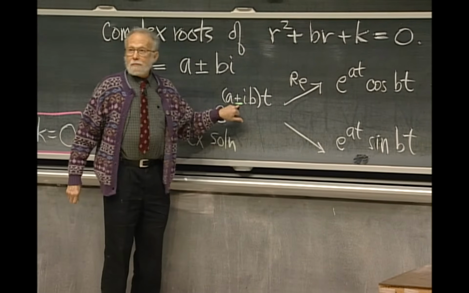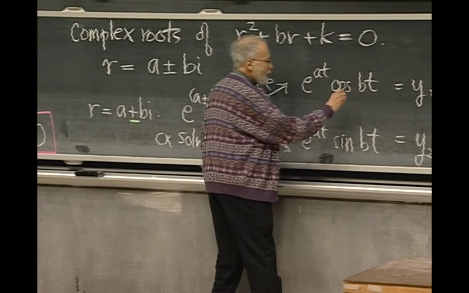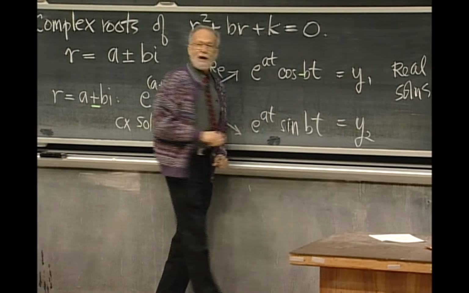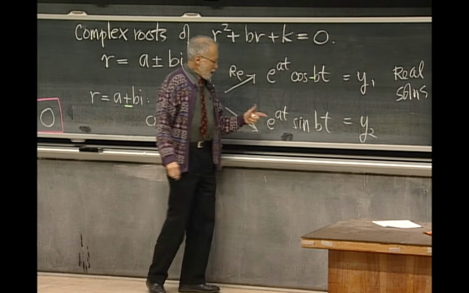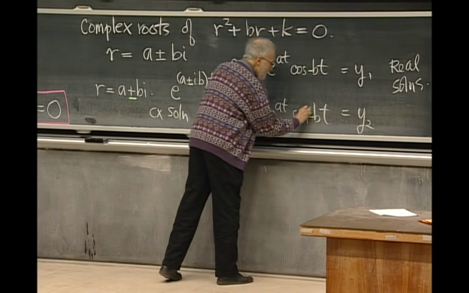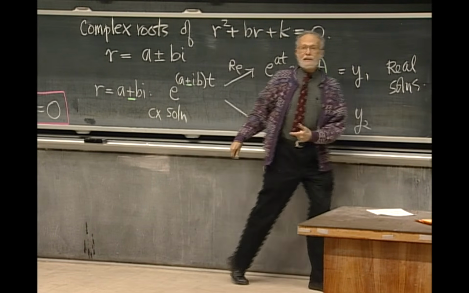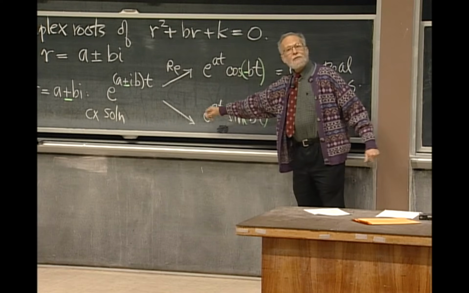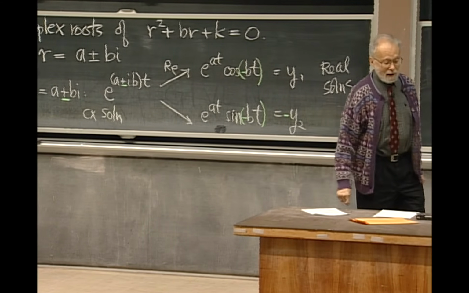No, because e to the minus ibt is the cosine of minus b, but that's the same as the cosine of b. How about here? This would have become the sine of minus bt, but that's simply the negative of the sine of bt. So the only change would have been to put a minus sign there.